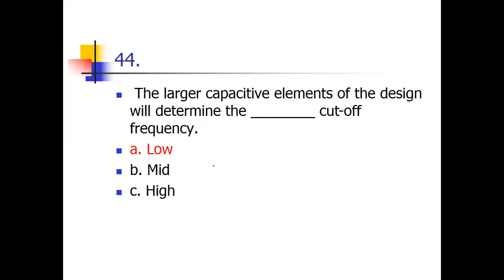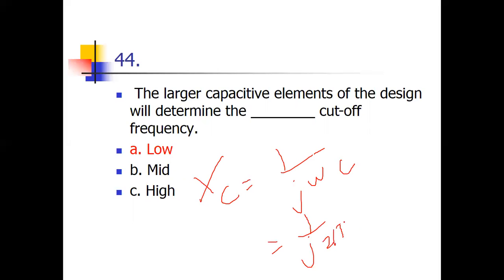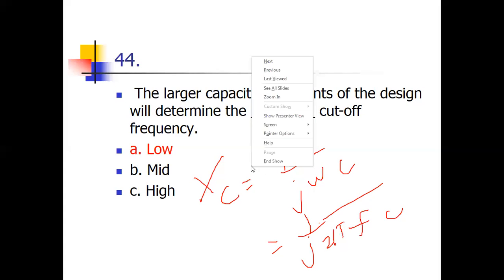The larger capacitive element of the design will determine the low frequency. For a capacitive element, what is the reactance? 1 upon j omega c. Omega is 2 pi f, so 1 upon j 2 pi f c. The relation between f and c is inverse proportional.